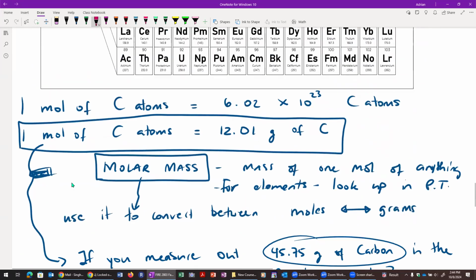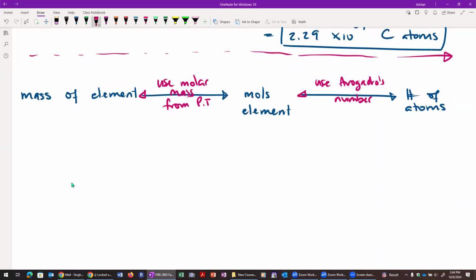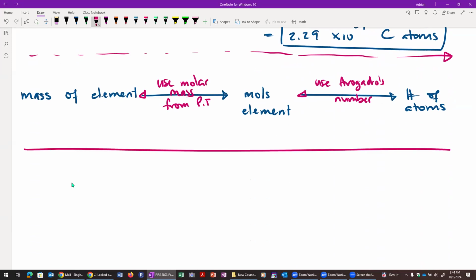What about if we had bigger things, like some of the compounds or the molecules? Well, we can apply the same concept to larger and larger particles. So let's use water, I think we used it before, right?